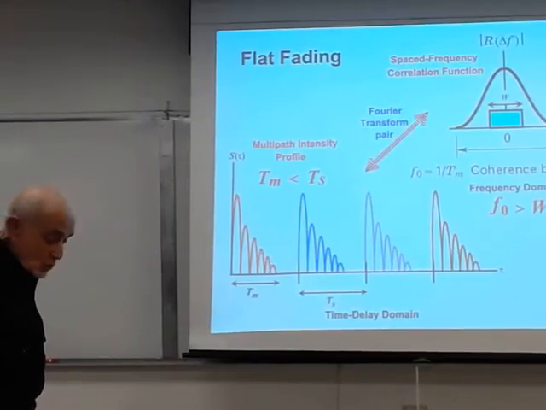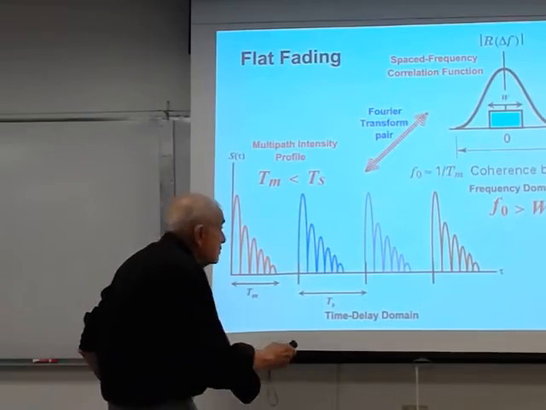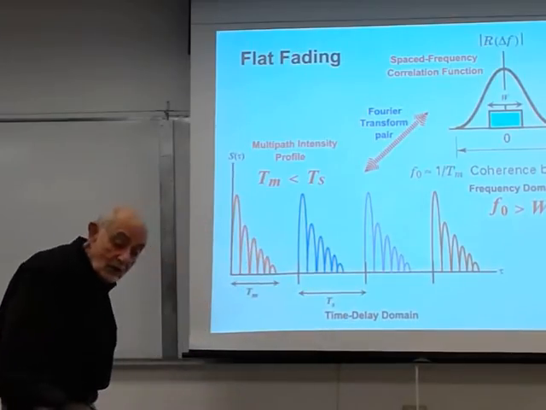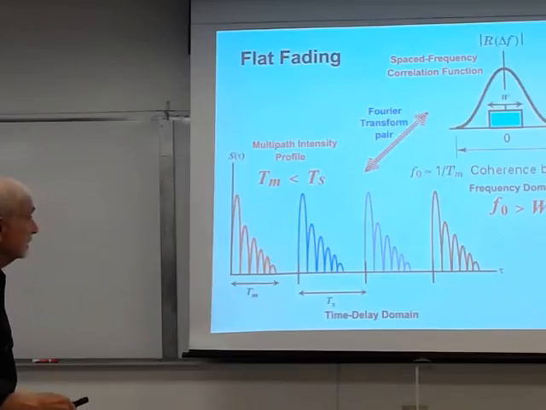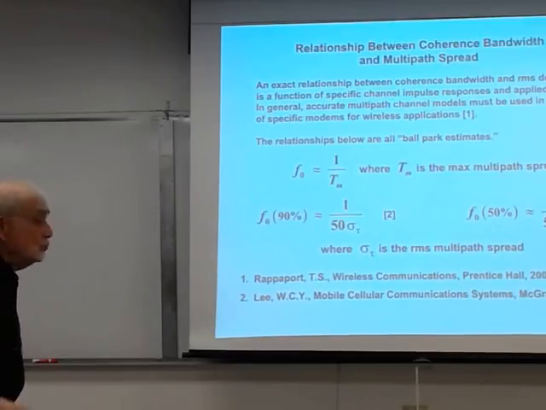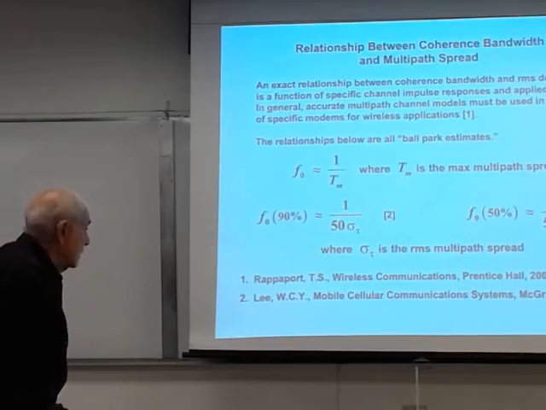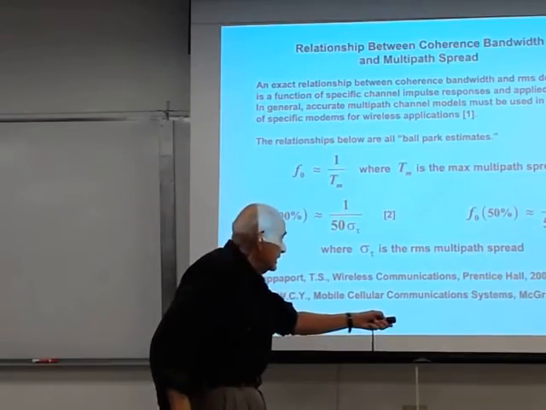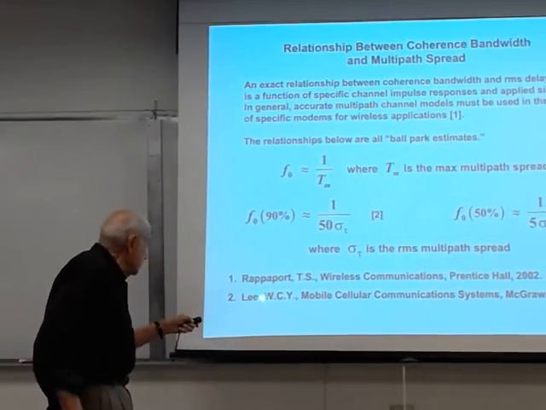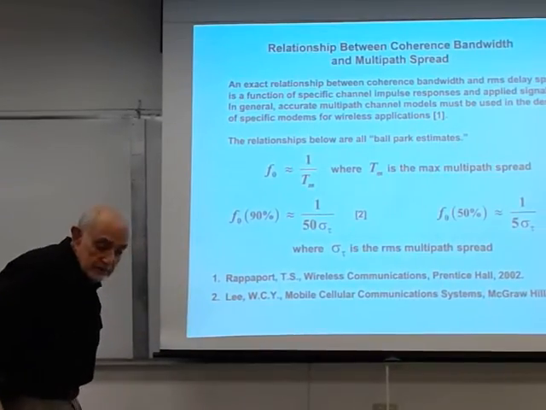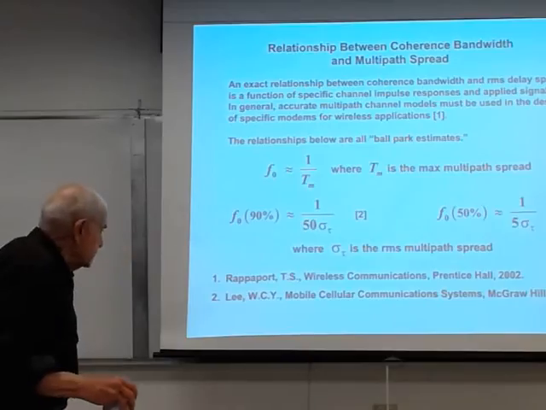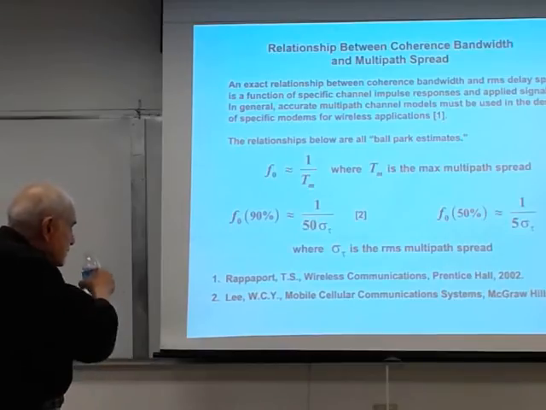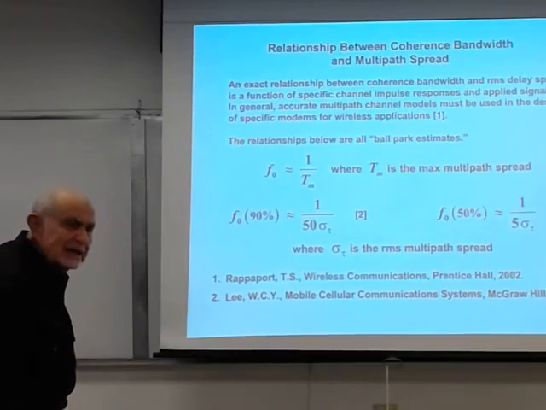Okay, now remember when I used the words, as long as it falls within here, this is the region where things are highly correlated. Well, we said, how highly does highly mean? Well, there have been quite a lot of disputes about that. And there are two main researchers who have come in to answer that question. In time, the first one, in 1989, was W.C.Y. Lee, a very well-known researcher in mobile communications, and he dictated a very rigid kind of correlation.